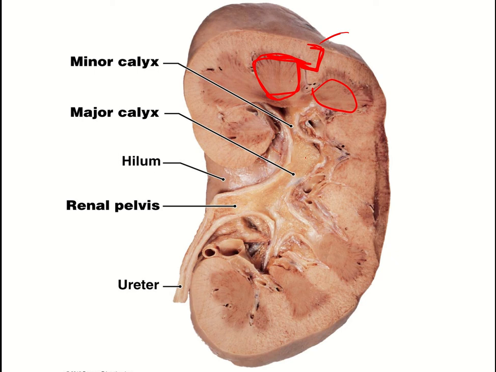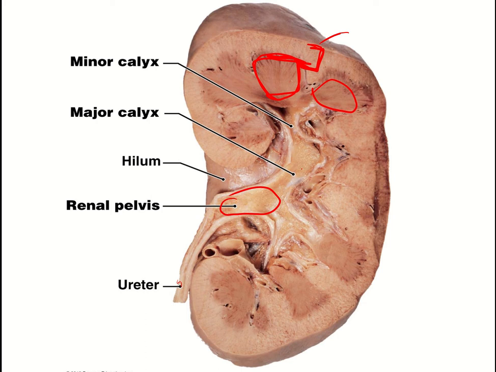And so again, to decide whether or not it's a minor calyx or a major calyx, we'll check to see if it drains into a sort of merge point before we get to the pelvis. And you can tell which one the pelvis is because it's the portion right before the ureter. So find your ureter. That's going to be collecting urine from the pelvis.